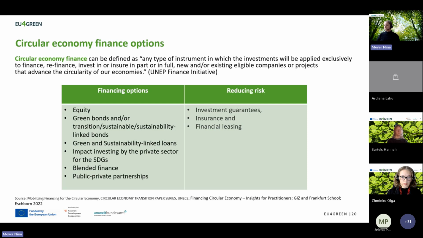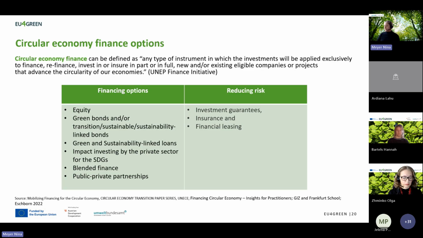And to reduce risk, we have investment guarantees, which can be provided by any sort of stakeholders, from governments to government agencies, multilateral and international institutions, insurance companies, banks, and or financial institutions. And insurance, you are probably aware of, works the same also for those kinds of projects.